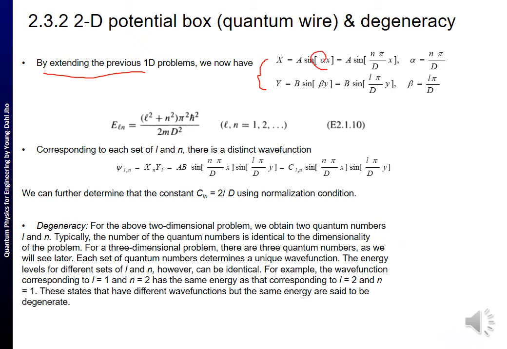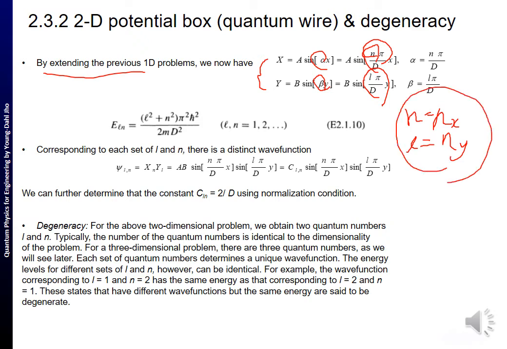Then for alpha and beta, applying the boundary conditions, we have n and l, which are integers and might be replaced by nx and ny.